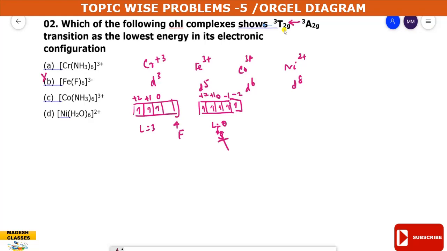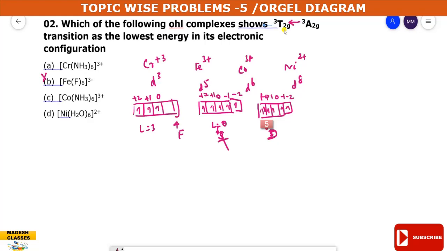This cobalt d6 has 4 unpaired electrons in this case, so spin multiplicity will be 5, and the values are +2, +1, 0, -1, -2, and it is a D term.